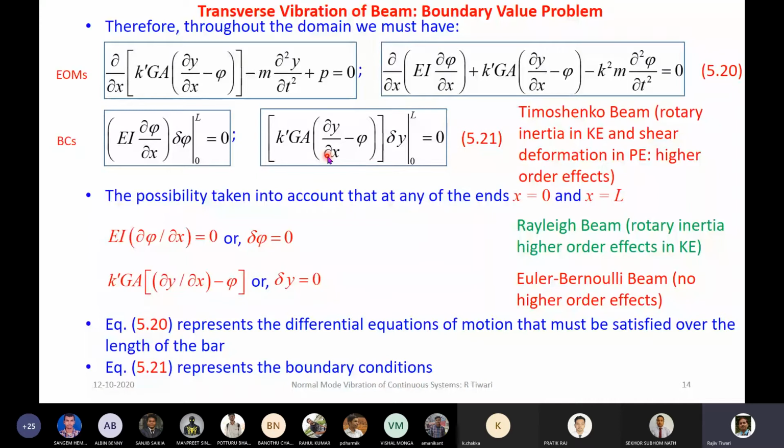In a discrete system, the boundary condition comes implicitly in the form of the influence coefficient, the flexibility or the stiffness influence coefficient. So there is no need to satisfy the boundary condition separately, but here we need to satisfy the boundary condition to get the unique solution of this differential equation. And that's why in mathematics, this is often called a boundary value problem.